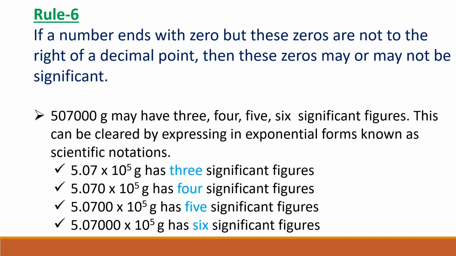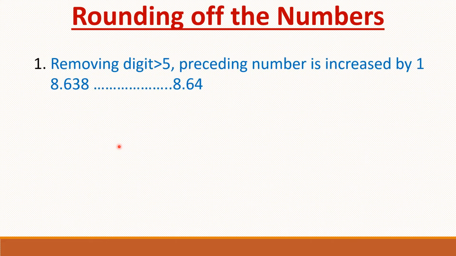Now we will go to the rounding of numbers. Coming to rounding of numbers, there are 3 rules as with significant figures. The first one: if the digit being removed is greater than 5, the preceding number should be increased by one.